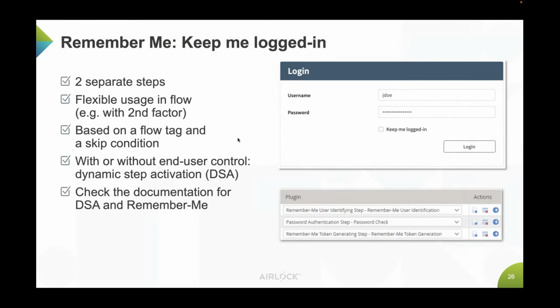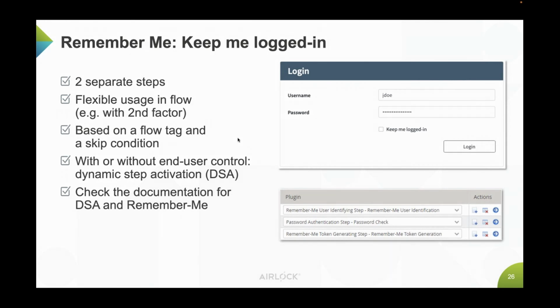On top is what we call the user identifying step, the remember me user identifying step, sorry. This one is the step that extracts the token from the request, verifies it, and if the user is already logged in, then identifies the user and also sets some tag, which allows you, for example, that's just an example, to skip the password step.